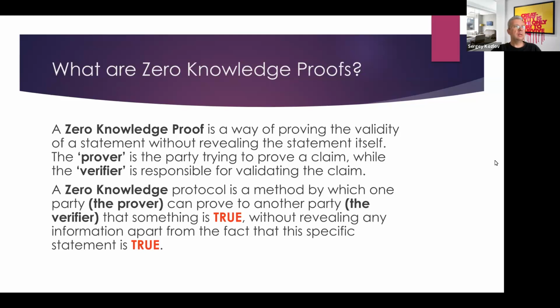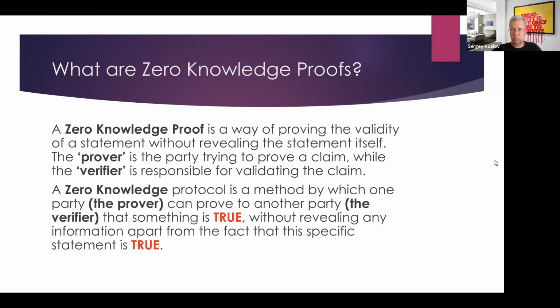Zero-knowledge lets you, as a customer, a buyer who is buying alcohol, be the prover. You want to prove that you are 21 years old or more. You provide a zero-knowledge proof, and the verifier checks this proof, and the only answer the verifier, the seller of the alcohol, gets is whether you are older than 21 years old or not.